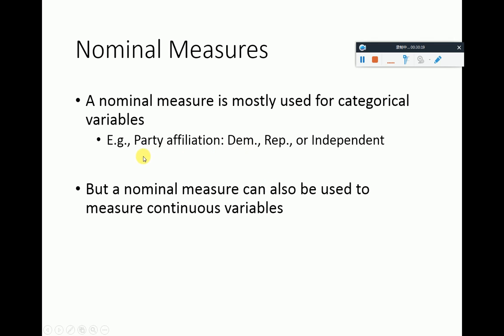But that does not mean that a nominal measure cannot be used to measure other types of variables, right? So let me repeat. Categorical variables can only be measured by a nominal measure. But that does not mean that a nominal measure can only be used to measure categorical variables, because a nominal measure can also be used to measure continuous variables.